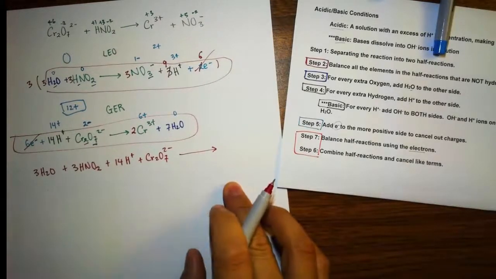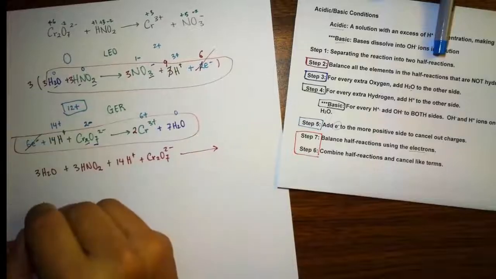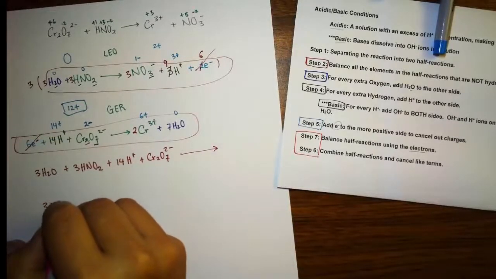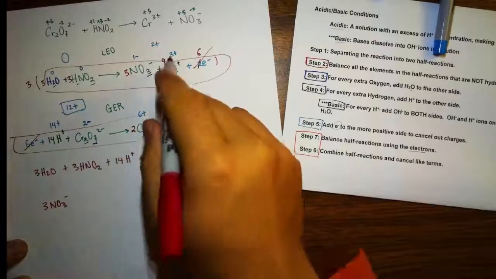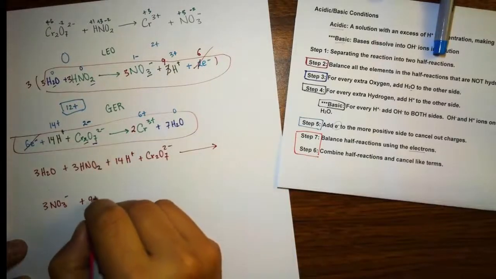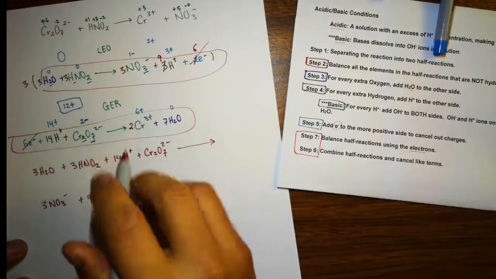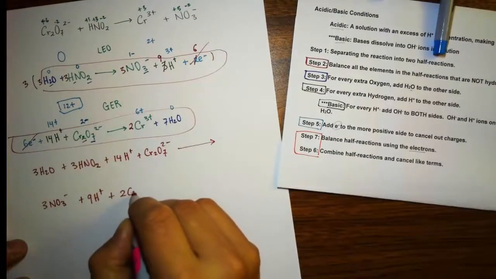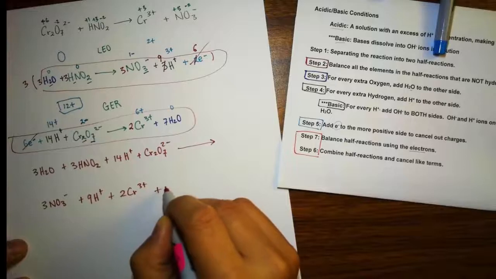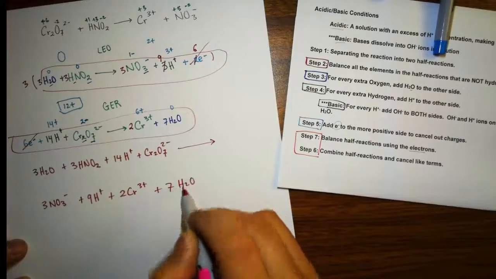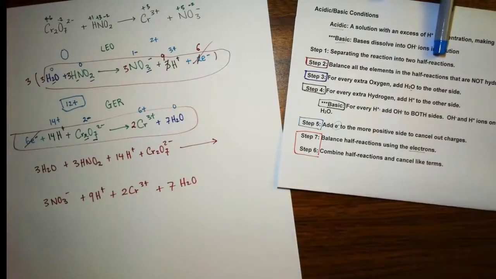Let's write the products on the bottom. Starting from the top, we have 3NO3 minus, and remember, 9H plus. Then we cross out the electron already. Let's go down here. Then we have plus 2Cr3 plus and 7H2O. And there you go.